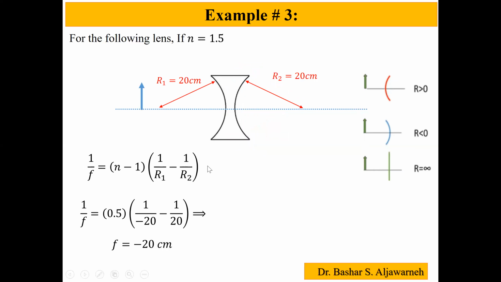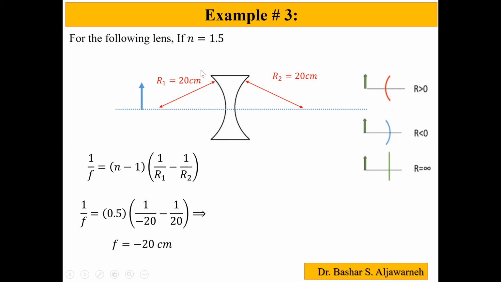Another example, I have this lens, which is concave, and you need to know for the concave lens, the focal distance is negative, but let us check if it's negative or not. Now, this is my object. Determine your front surface and the back surface.